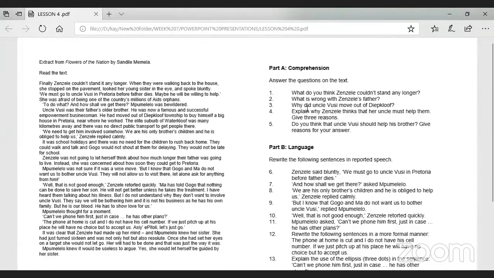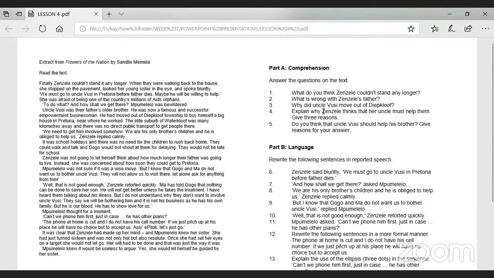Then number 2, what is wrong with Zenzele's father? Remember, we read a review on this book. If you remember the review, and if you are following from this extract, then you will know what is wrong with Zenzele's father. The next question is, why did Uncle Vusi move out of Diepkloof?